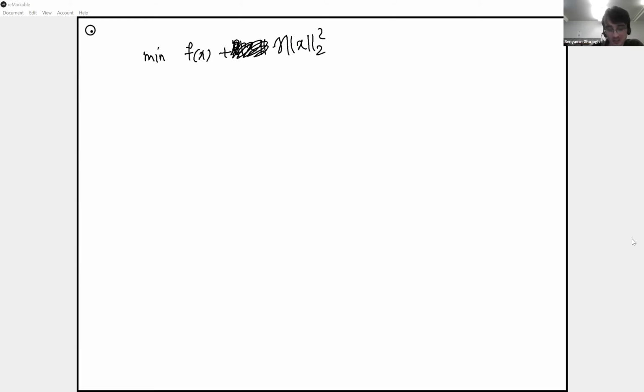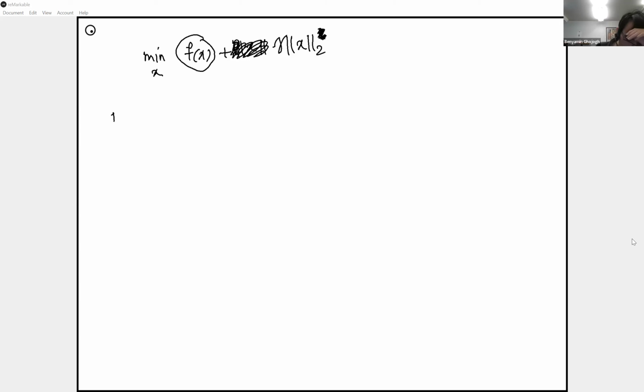You say, let it be the L2 norm. I don't want this x to be very large. So I want to minimize the function f, but I want to have some penalty on the size or the length of the optimization variable. I don't want it to blow up.